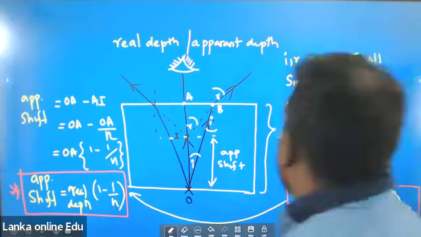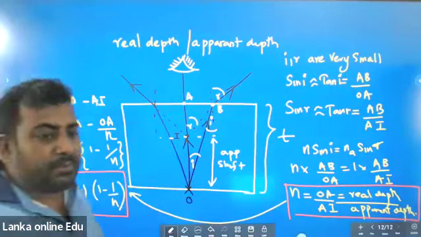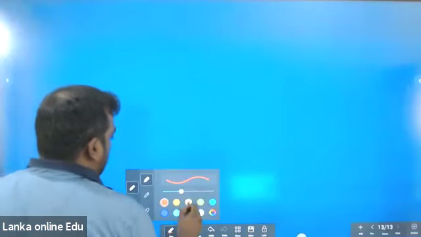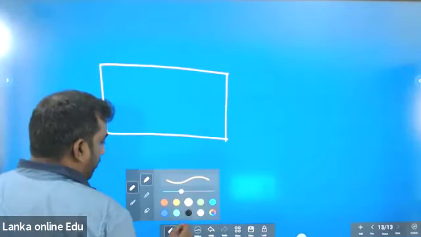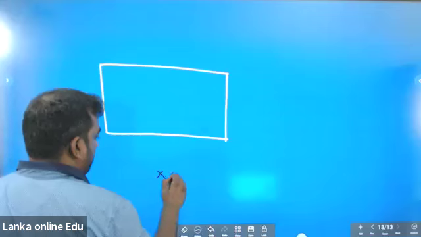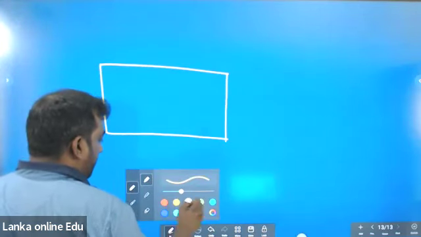Now, even if there are multiple mediums, or if you keep the object slightly below somewhere here, the image location will be different.